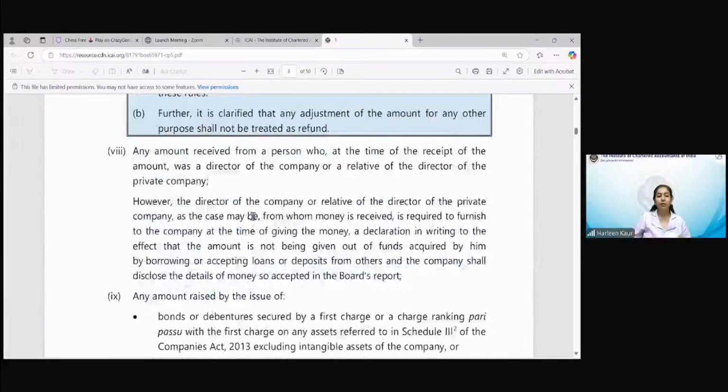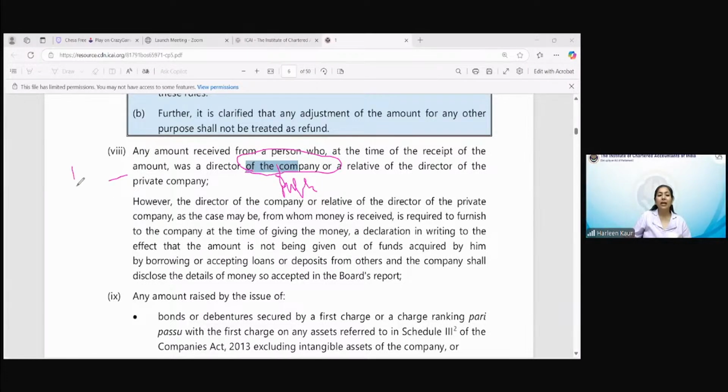Intercorporate deposits we did, and then amount received from a director of the company or a relative of the director of a private company. So please children, write it in your books over here. Director of the company means here it is specifically talking about the director of the public company.